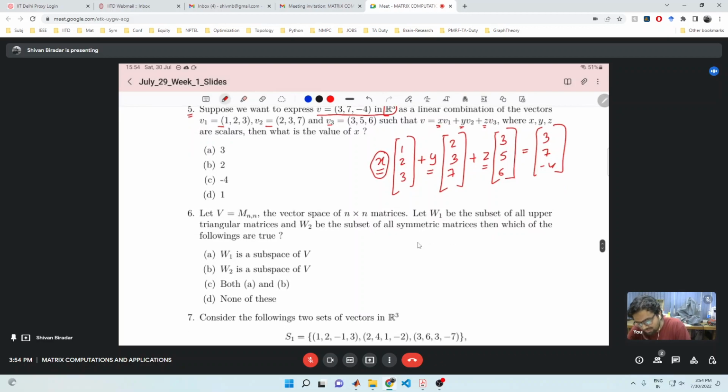The simple method would be to arrange these vectors and construct a matrix. We arrange this vector in the first column, this vector in the second column, this vector in the third column, and we will put x, y, z.